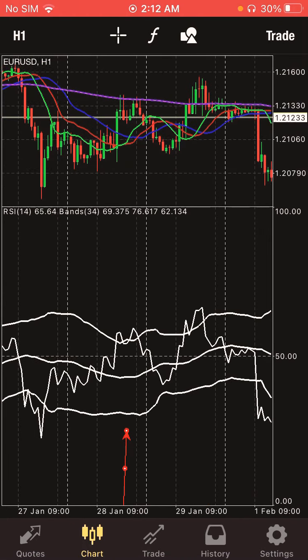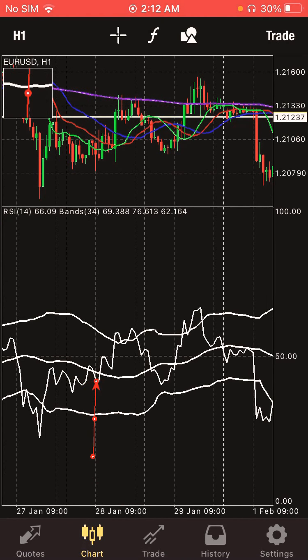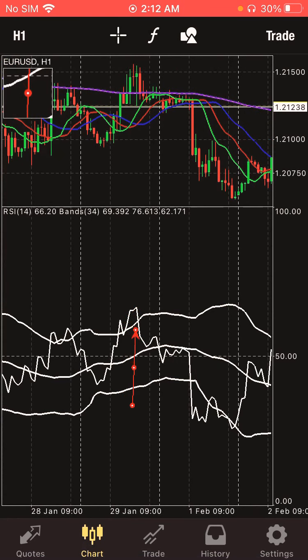And same thing with an uptrend right here. Price breaks this 50, this middle line, and what happens? It starts going up, right? It went up, crosses, went down, crosses again, and shot up. And same thing, it keeps doing it.